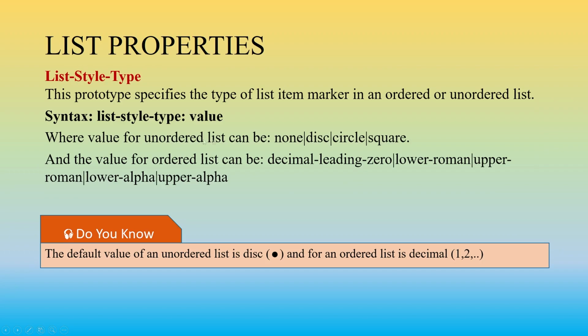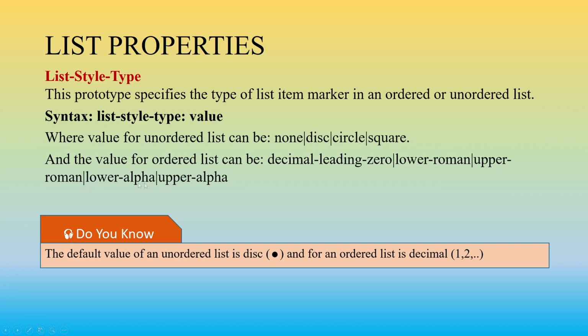This is for the unordered list: disk, circle, and square, and the below ones are for the ordered list, where we can have leading zero, which means if you want to write 1 2 3, it will give you 01 02 03 04. You can have lower Roman or upper Roman. Here lower and upper mean lowercase and uppercase, that is small case and capital letters.